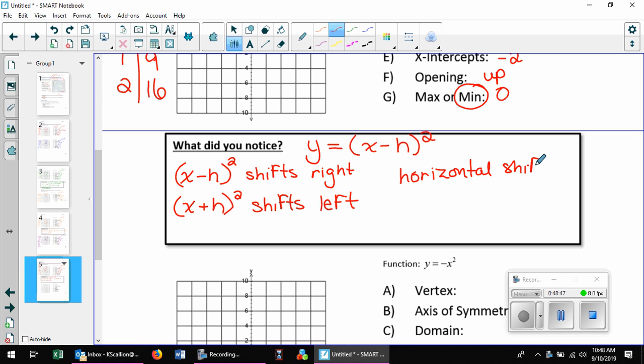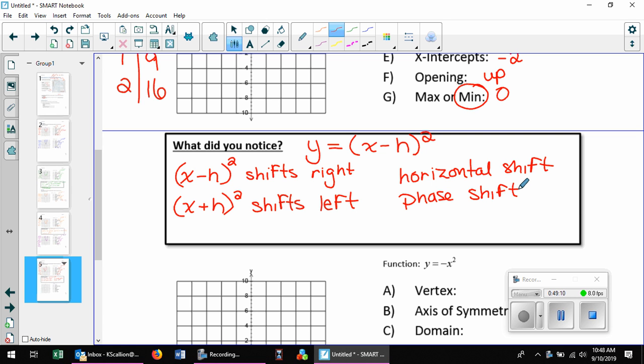This is called a horizontal shift because it's going left or right. Sometimes it's also called a phase shift. Just FYI. Anybody else notice anything? The graph here, you might not, but that depends on how many points I graph.